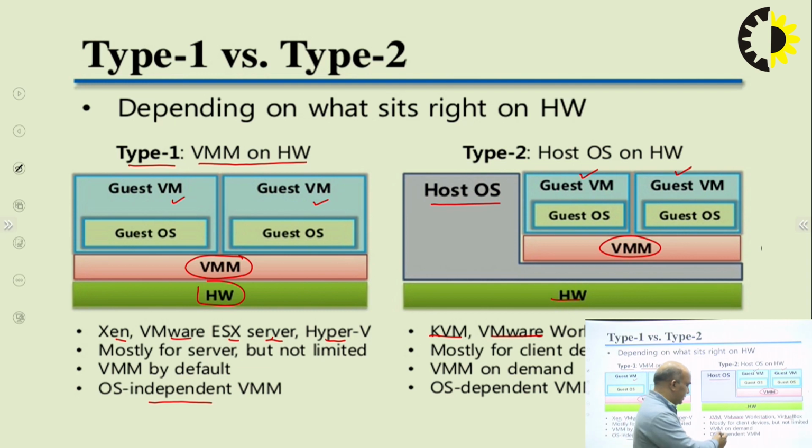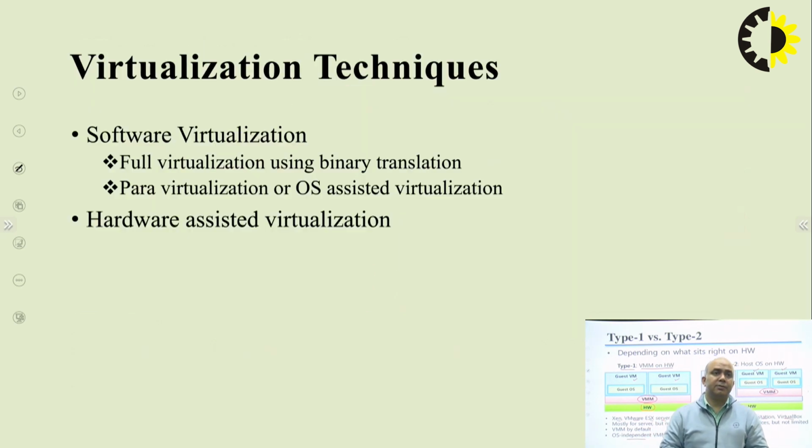They are dependent on the host operating system. So these are the two types of hypervisors, type 1 and type 2, depending on whether the hypervisor is installed directly on the hardware or on a given operating system.